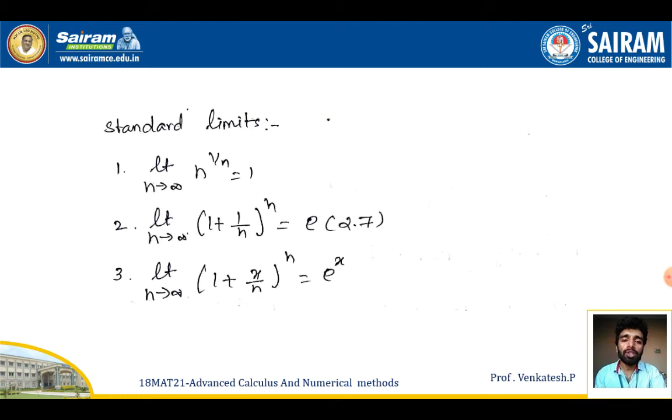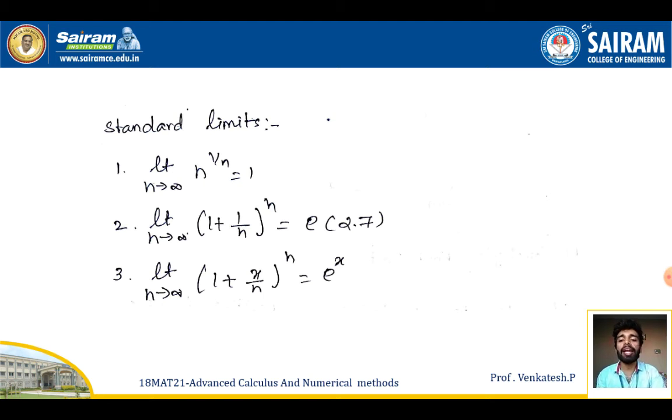While solving problems, we have to note a few points here. To simplify some standard functions, we have to use these three formulas. To simplify the limit as n tends to infinity of n power 1 by n, in the problem we can replace this complete term directly with 1. In the same way, the limit as n tends to infinity of 1 plus 1 by n whole power n can be replaced as e, or e can be written in terms of its value also, that is 2.7.